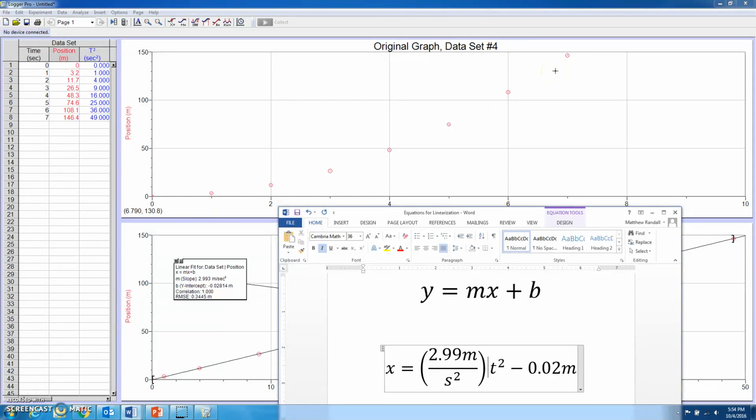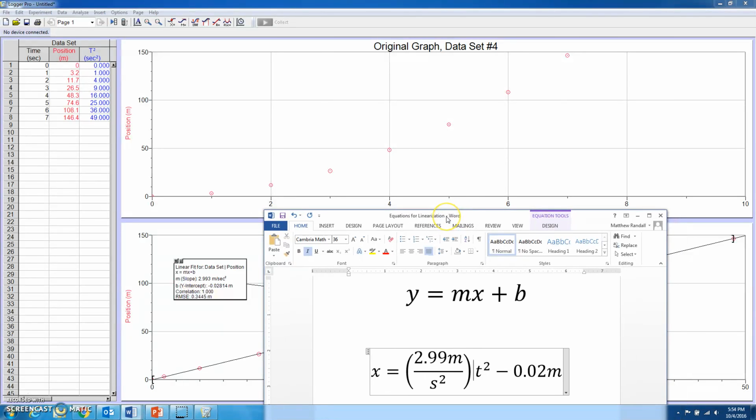And as you notice, this is an equation like using the parent function y equals something x squared, or y equals ax squared plus b. That equation describes this graph, right? So if, for example, we were to plug in a time like 3 seconds, you'd have 3 squared would be 9. 9 times this number, which is roughly 3.